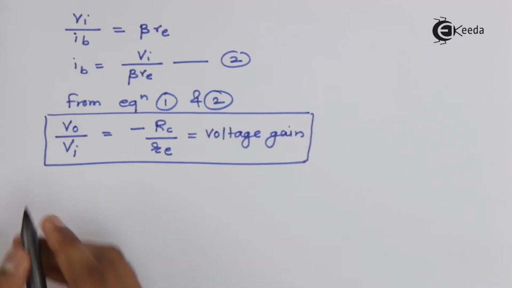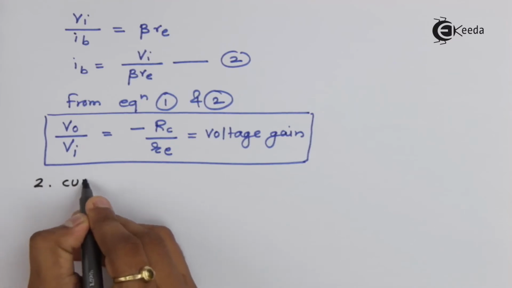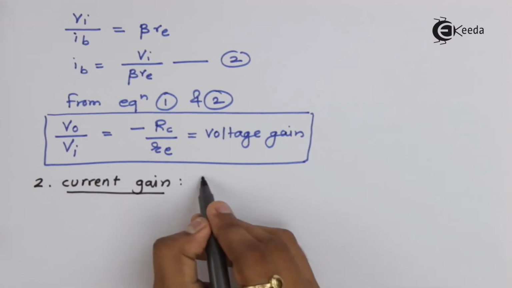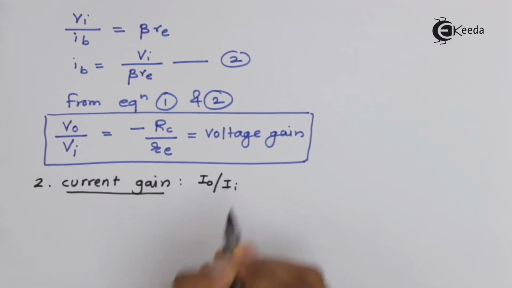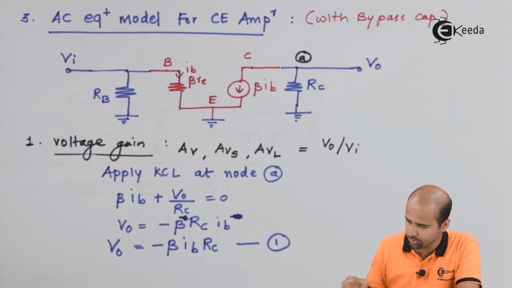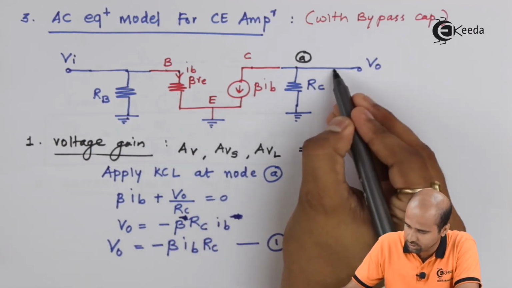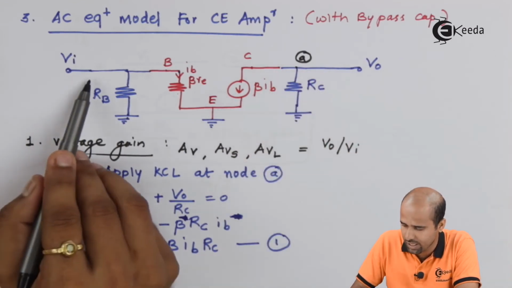Second thing that you have to understand is current gain. So current gain is nothing but IO divided by II. Again coming to this AC equivalent model, what we'll have to do, this is your IO, and this is your II.